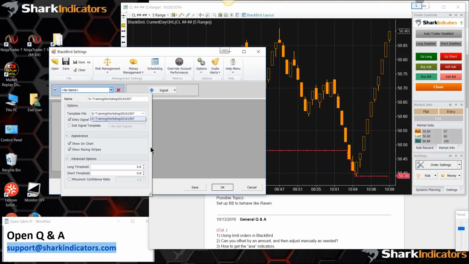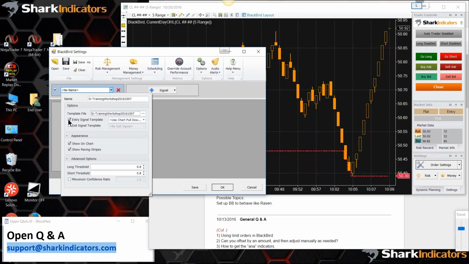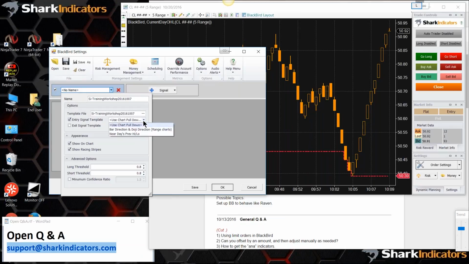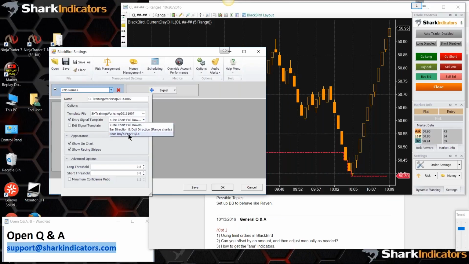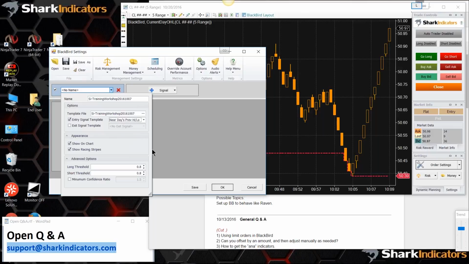We'll click OK. Now the next step is we need to select our entry signal template. Yeah, there it is, near the day previous high low. Select that.